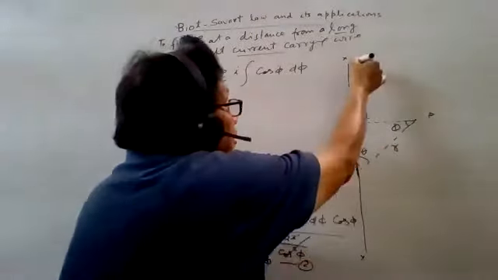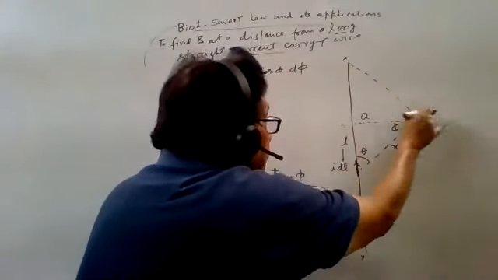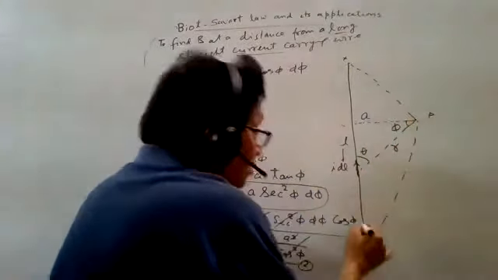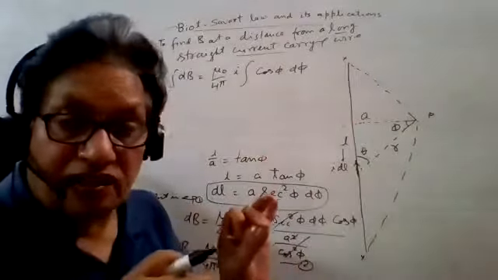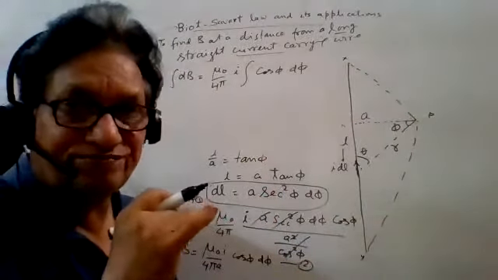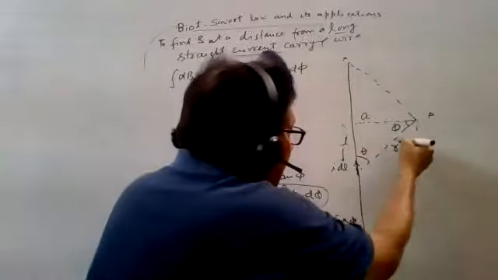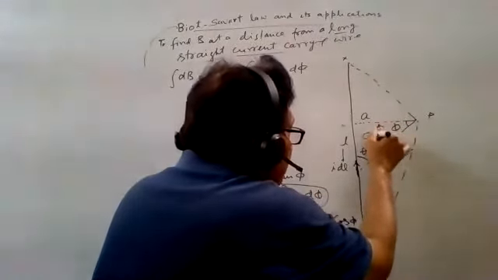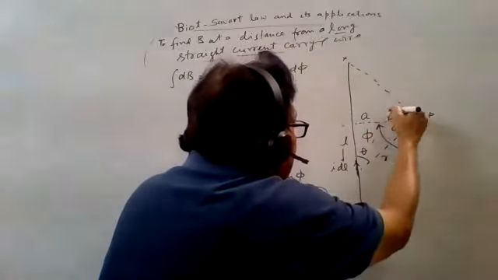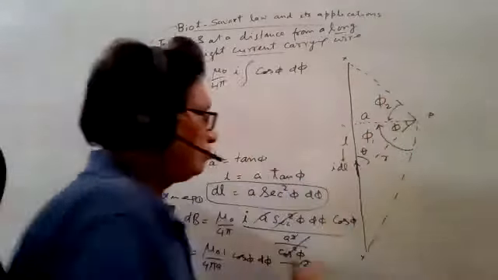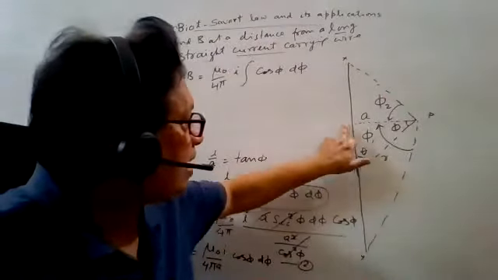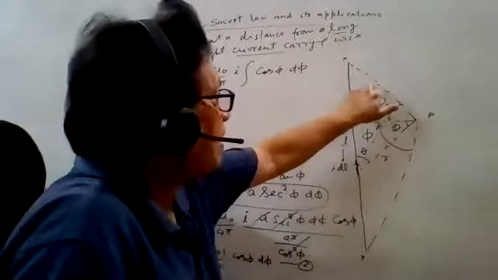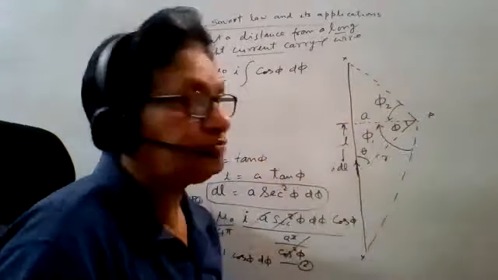Now, if you say the total length of this conductor covered, and this angle say here, the lower portion is making angle phi 1 and this angle from the above is phi 2.